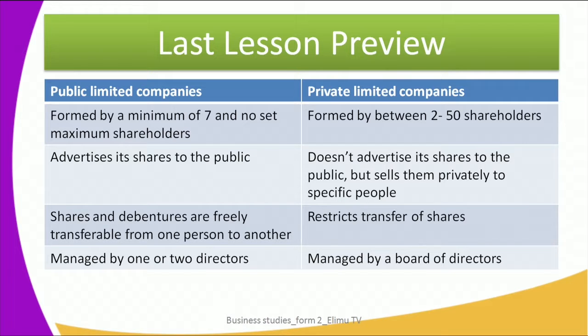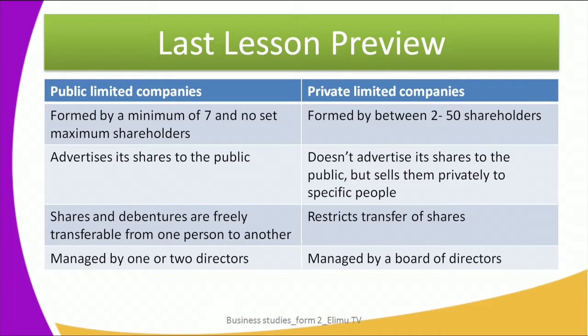So if shareholders are 7, they can start a public limited company and there is no set maximum. While a private limited company is formed by between 2 and 50 shareholders. So if shareholders are more than 50, they cannot form a private limited company. So they have to be between 2 and 50 shareholders.